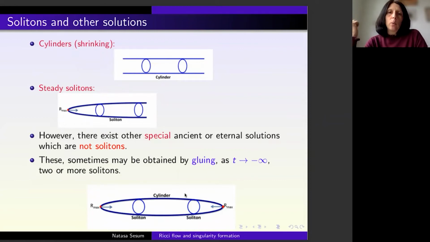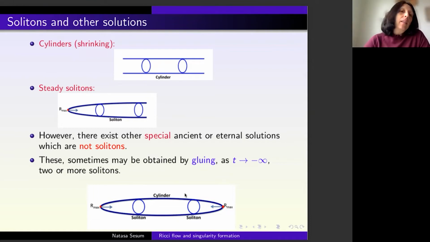And if you go to some finite time, they just shrink to a line, right? They collapse to a line. So that's how they behave along the flow. And then, I also mentioned the steady solitons. I drew a typical picture that you should have in mind when we talk about the steady solitons that just move by diffeomorphisms, right?